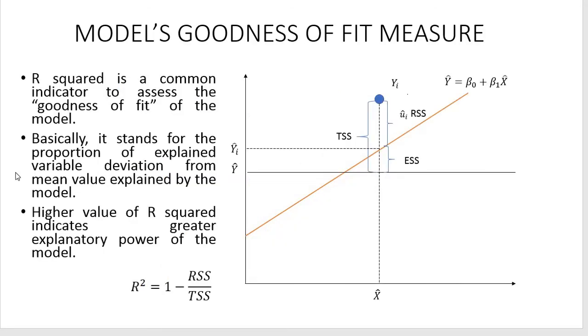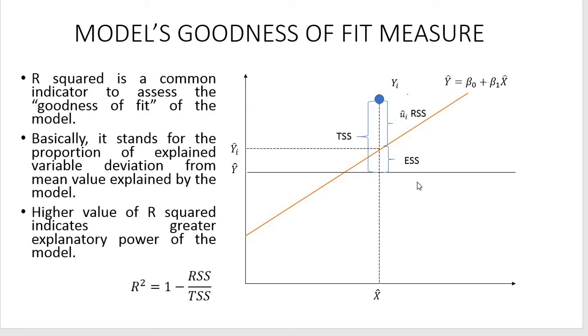Okay, and the final thing to discuss is the model's goodness of fit measure, or R-squared. So please take a look at this graph. The orange line stands for the regression line. For this value of the independent variable, this will be the corresponding value of the dependent variable. This line stands for the population mean, the average value of the dependent variable calculated for the entire population.